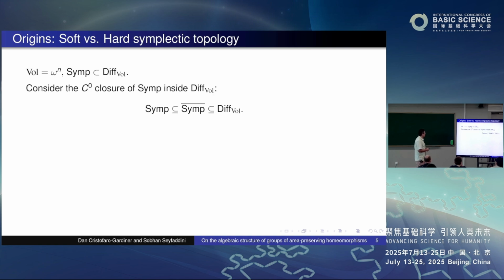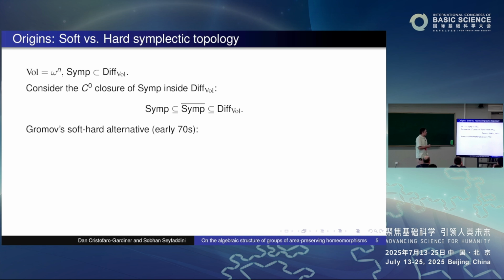Now let's consider the C0 closure of symplectomorphisms taken inside volume-preserving diffeomorphisms. That's what I'm denoting by the symp bar here. A priori, this is a subset in between the two: it must include all symplectomorphisms, and it sits somewhere between symplectomorphisms and volume-preserving diffeomorphisms.